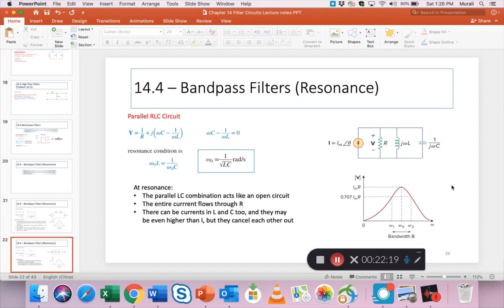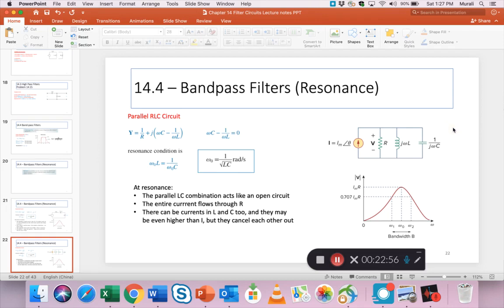Now obviously many resistances in parallel, you know this, reduces the net resistance, right? So if other resistances disappear and there's only one resistance, the voltage across it is the highest when only that resistance stands by itself and the others don't exist. Okay, so that's the point that is being made here for the parallel resonant circuit, and everything else, the logic is pretty much similar. Okay, all right.